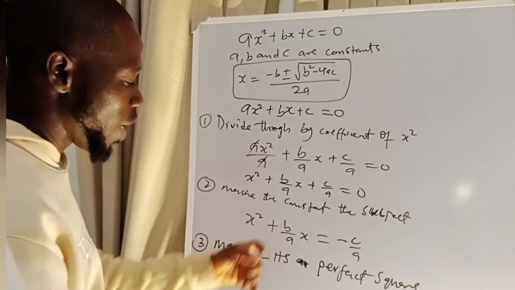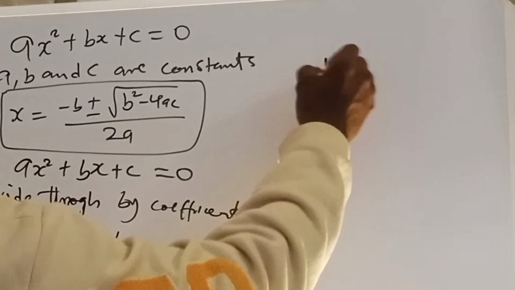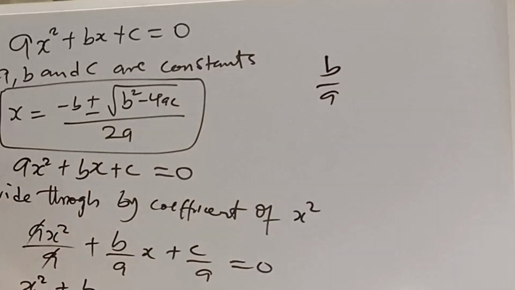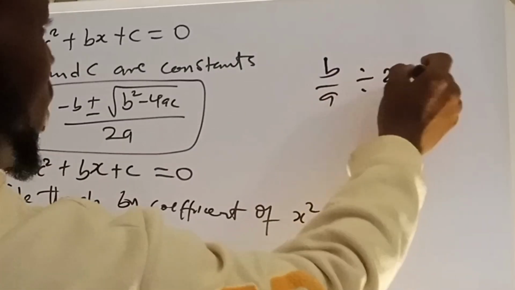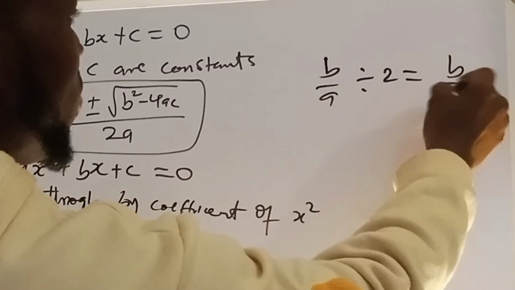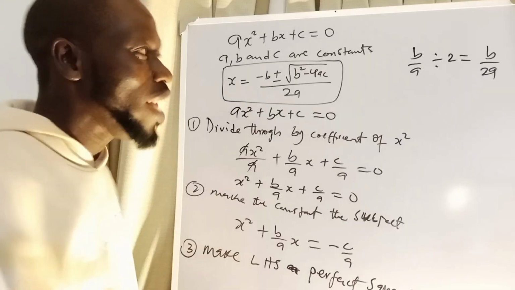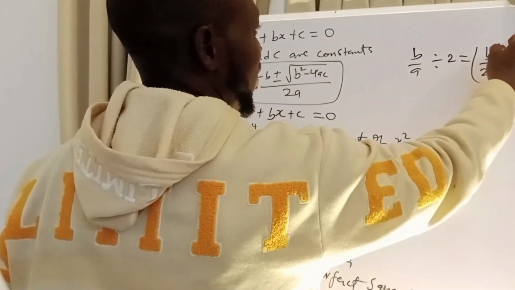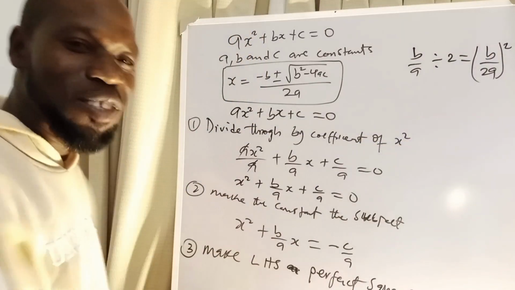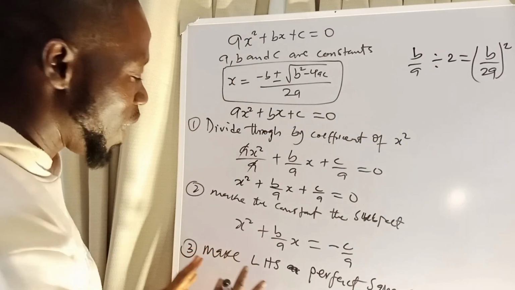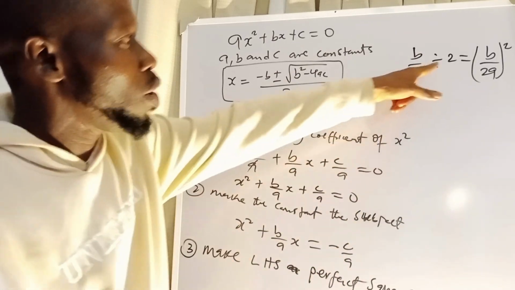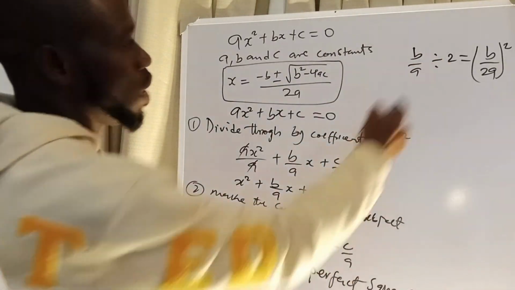Find the coefficient of x. The coefficient of x is b over a. Divide it by 2. Divided by 2 will give you b over 2a. Square it, raised to power 2, and add to both sides. So once you do this, you are making the left hand side a perfect square. Some will think, how did I get b over 2a?